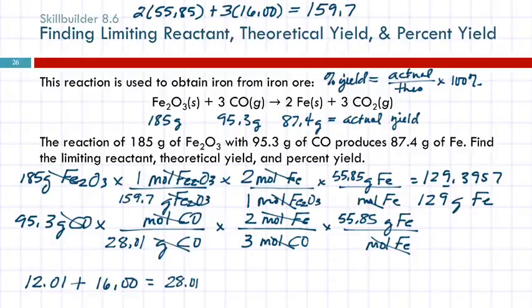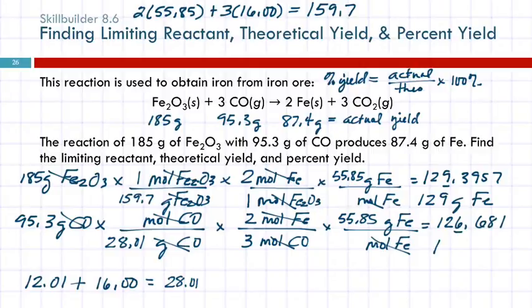So I take my 95.3 divided by 28.01 times 2 divided by 3 times 55.85 equals 126.681 and some other digits.